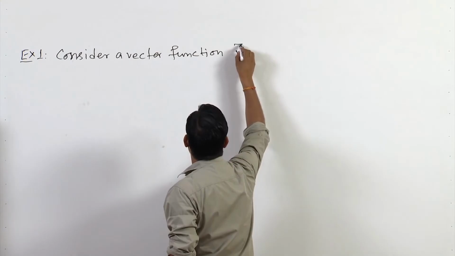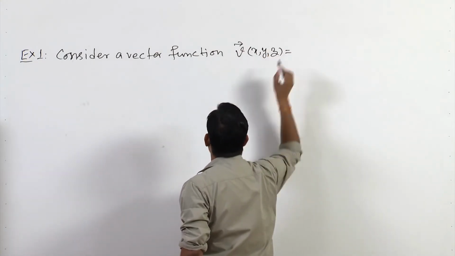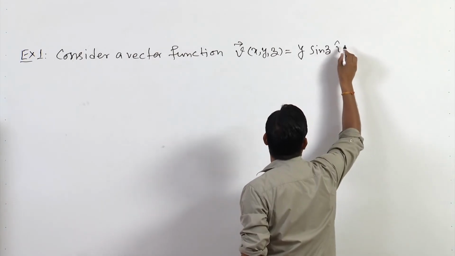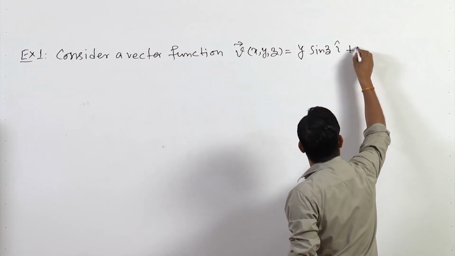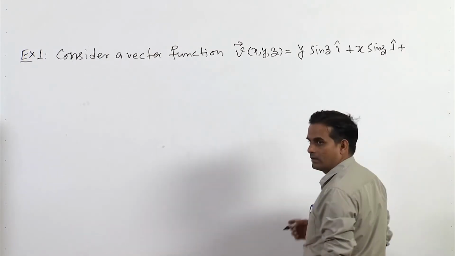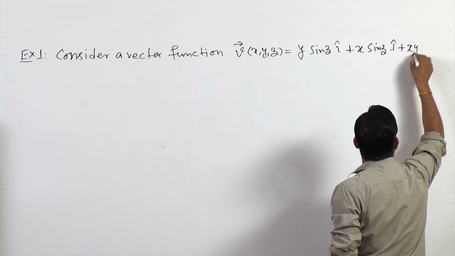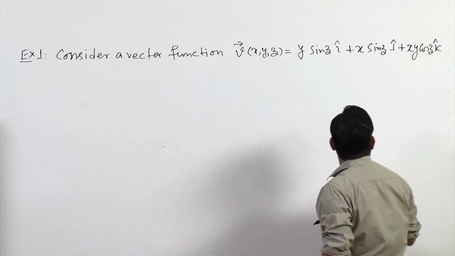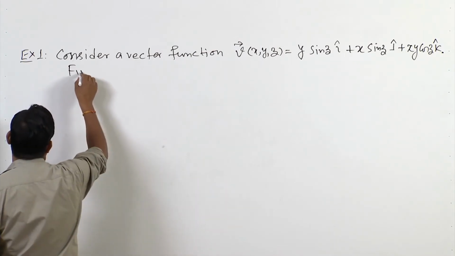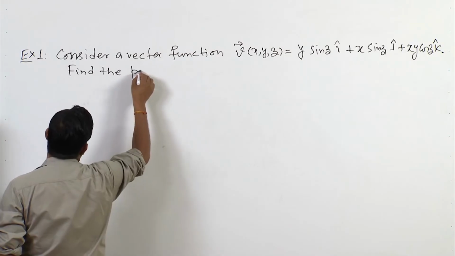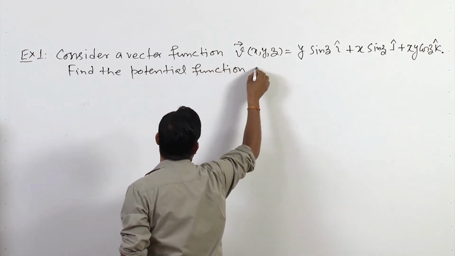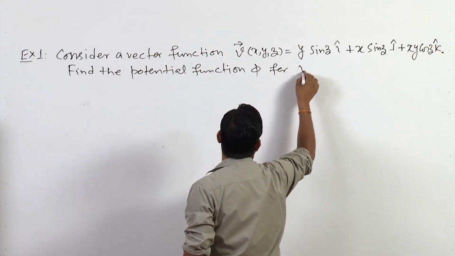Consider a vector function V(x, y, z) = y sin z i + x sin z j cap + x y cos z k. Find the potential function phi for V.